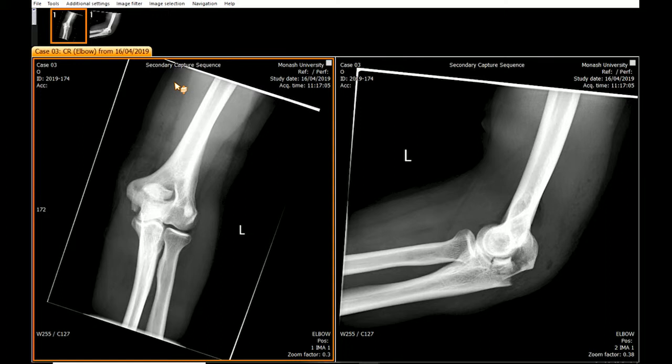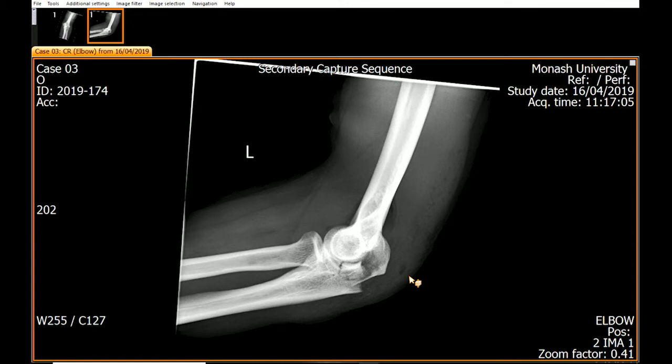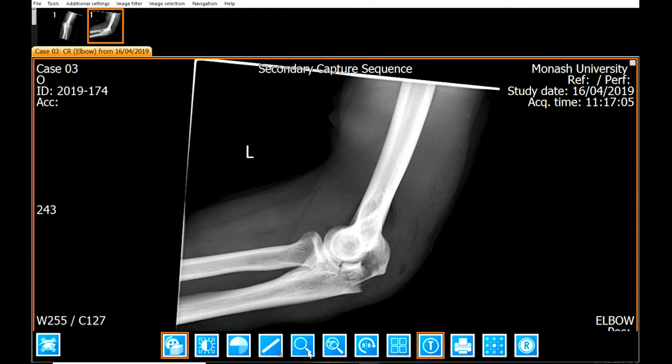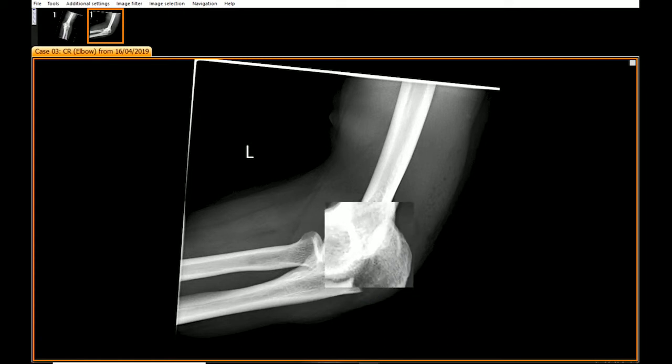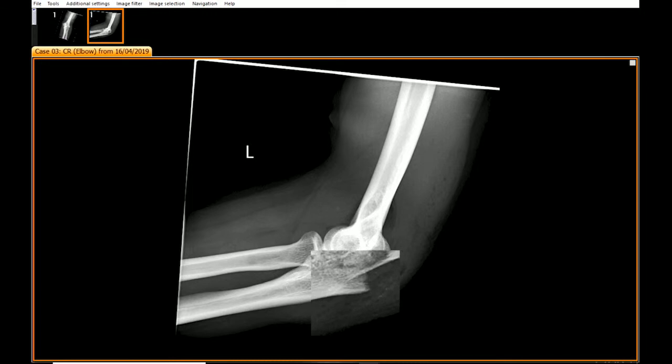For case 3, we have another elbow view, and this indication is a patient who fell onto the left elbow. So we start off with the lateral view because that tells us the most. So if we look at the lateral view, we can see there's a comminuted fracture of the olecranon, and there is displacement as well.